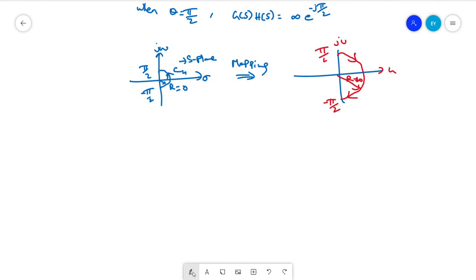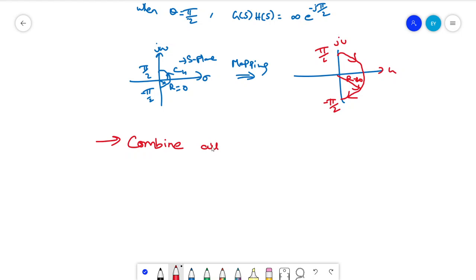What we need to do now is combine all the points. So the next step is to combine all the cases, all the sections: C1, C2, C3 and C4.